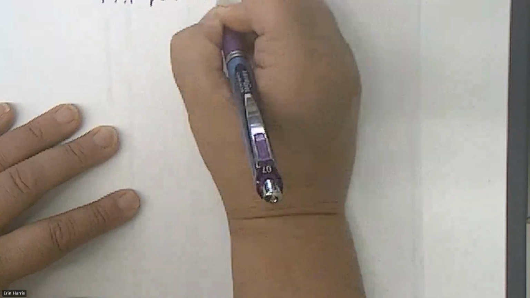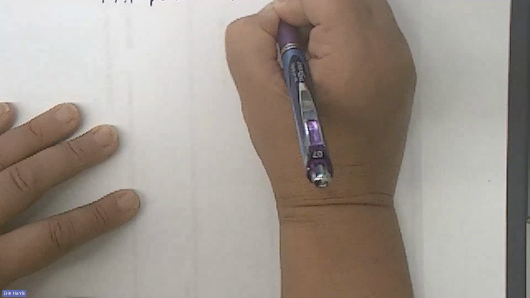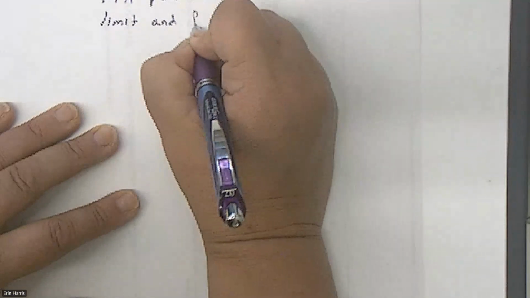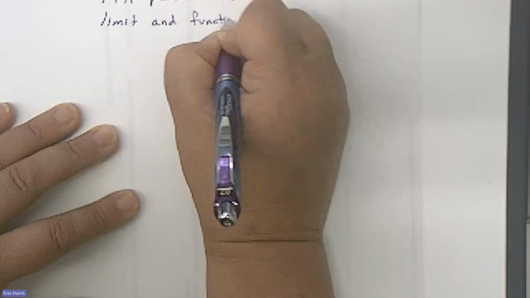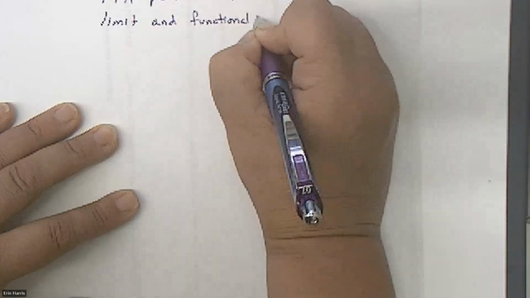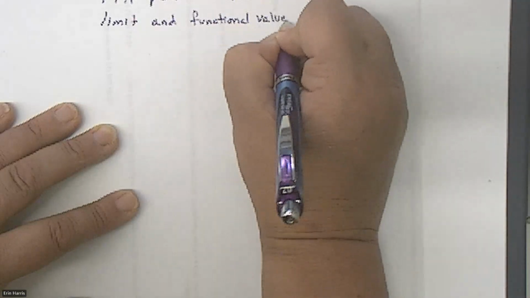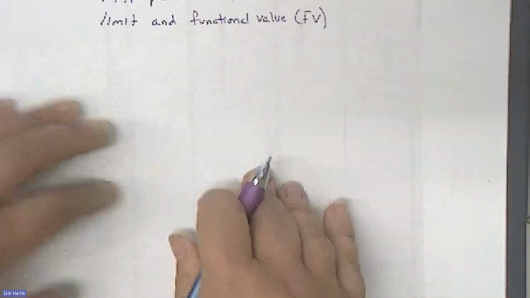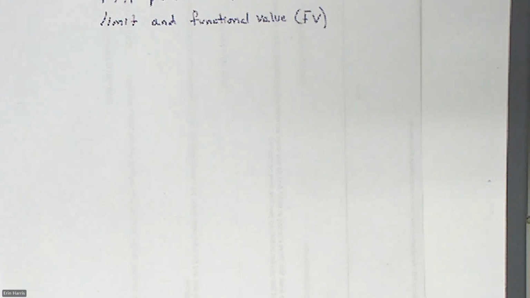All possible cases with limit and functional value. And I'm going to abbreviate that FB so I don't have to write functional value out over and over again.